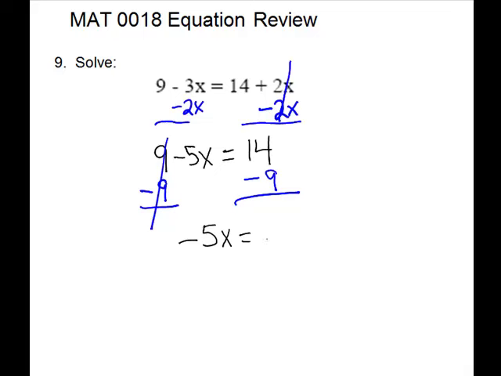On the right-hand side, different signs, subtract, sign of the larger. And now you're ready to divide. You're going to divide by the sign of the coefficient. So you need to divide by a negative 5 on both sides. And that will leave us x equals negative 1 because we only have one negative with that division.